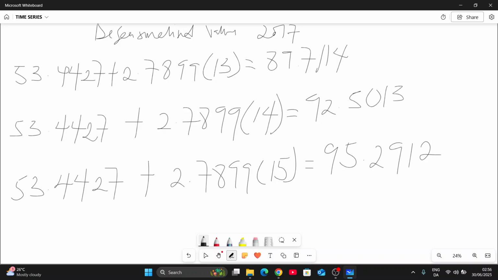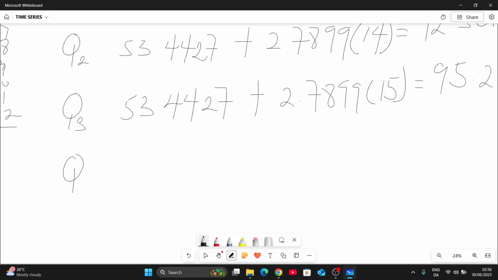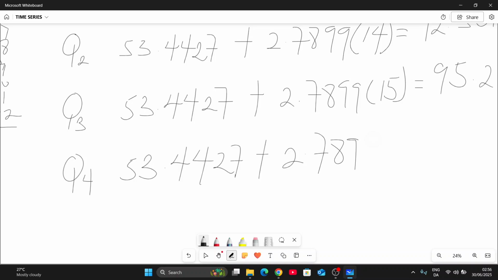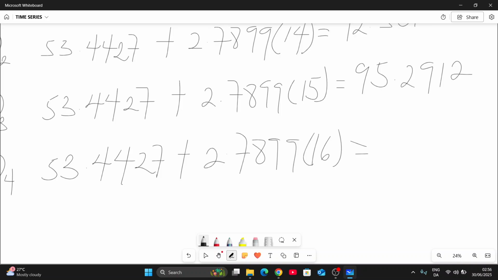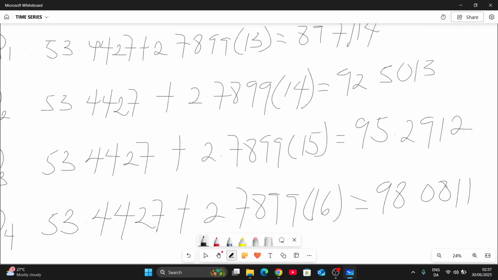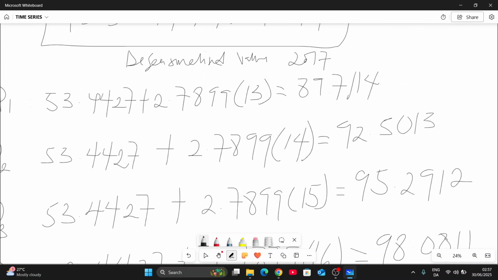Then lastly, for quarter four, 53.4427 plus 2.7899 times 16 gives 98.0811. So these are the deseasonalized values for 2017.